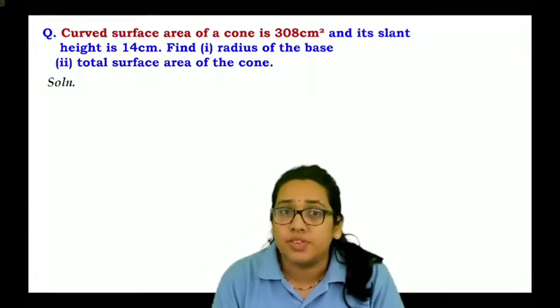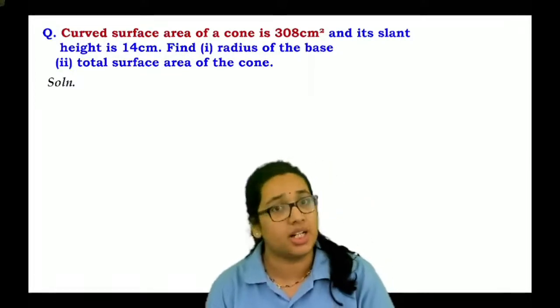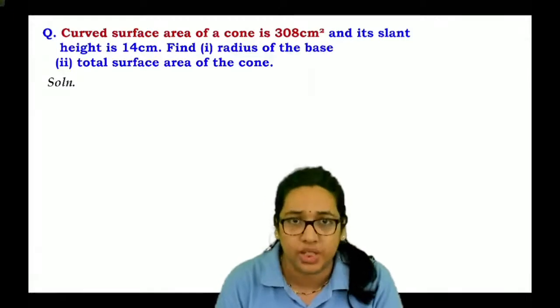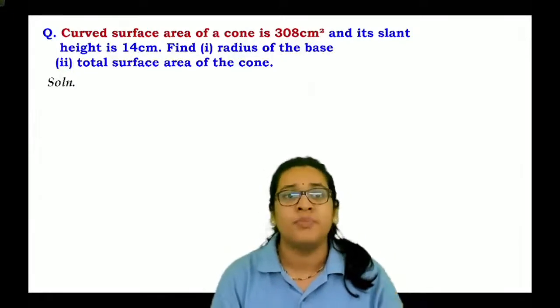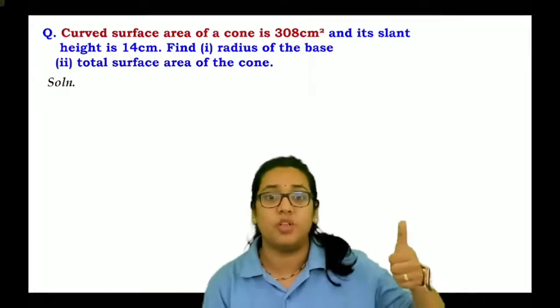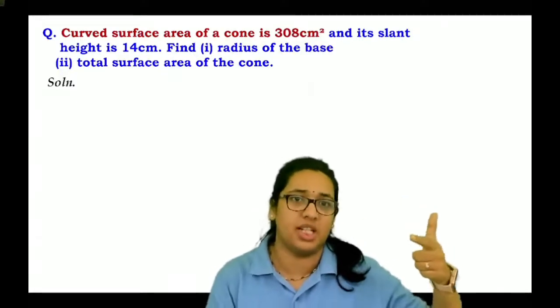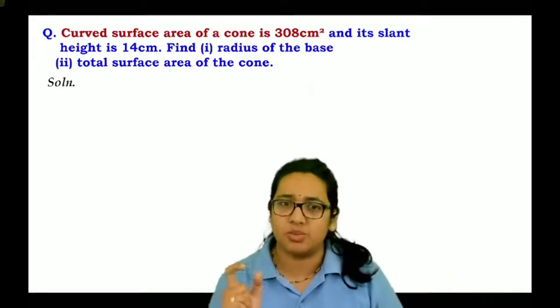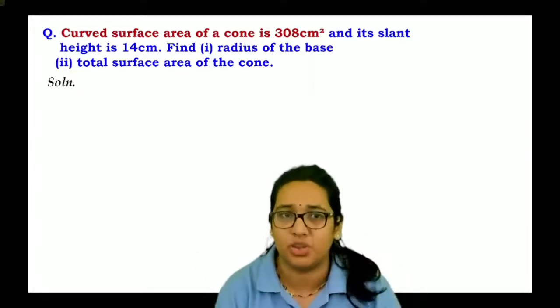Now, the curved surface area of a cone is 308 centimeter square, and its slant height, which is nothing but L, is 14 centimeter. Then you have to find the radius of the base and the total surface area of the cone. If you get the radius, you can easily find out the rest.